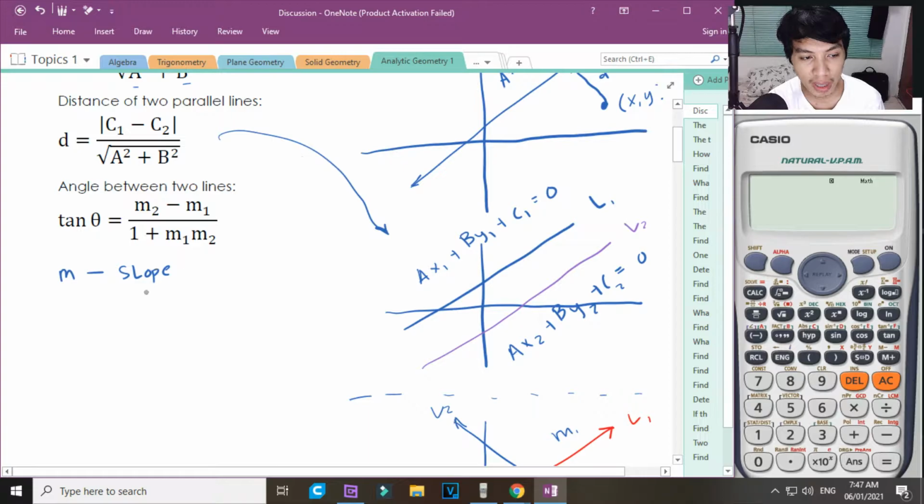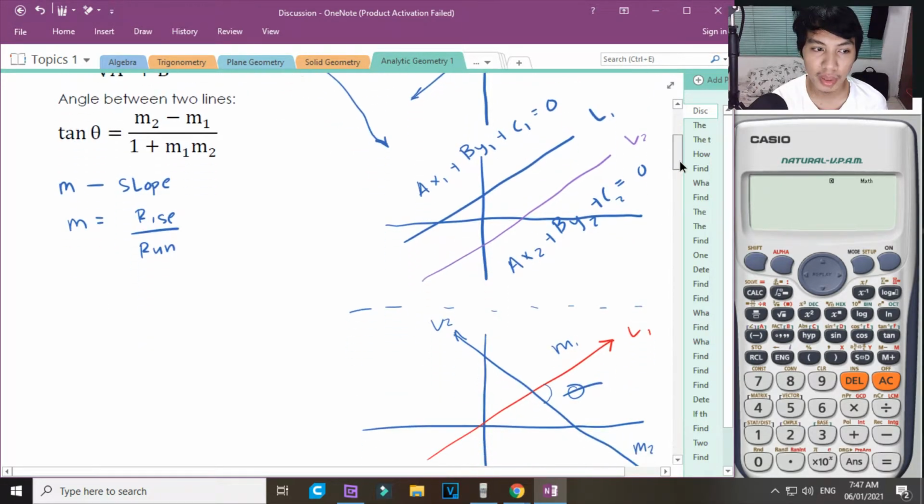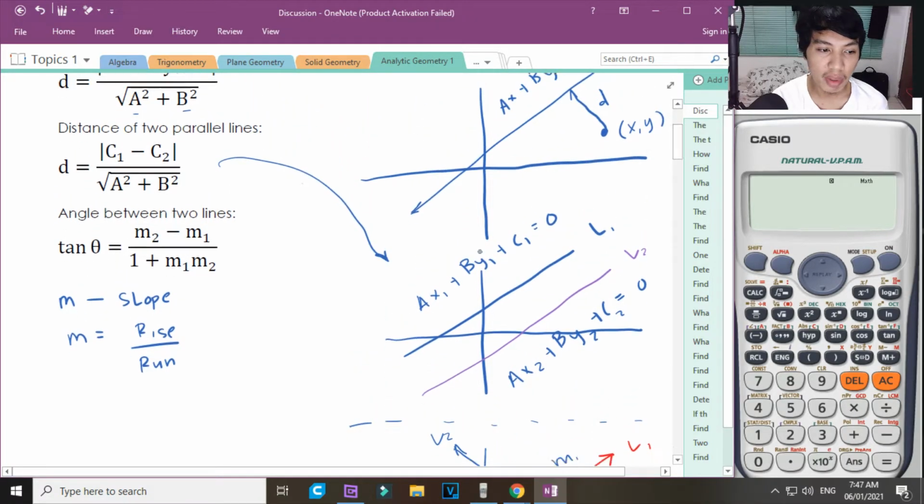Now, ang slope kasi, M, is equal to the rise over run. So, how will you know that? What is the rise? Ibig sabihin, yan yung akyat, yung run, yan yung flow niya. Is it positive or negative?